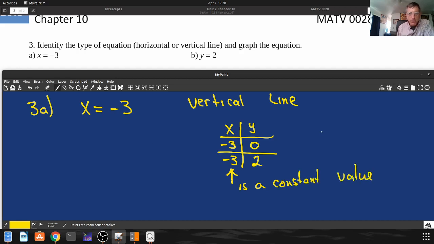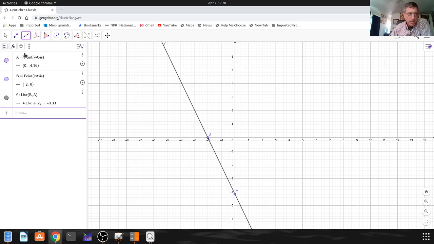So now just go on your graph there and plot minus 3 and 0 and minus 3 and 2 and see what you get, and draw a line through those 2 points. So going over to GeoGebra, we will do that.